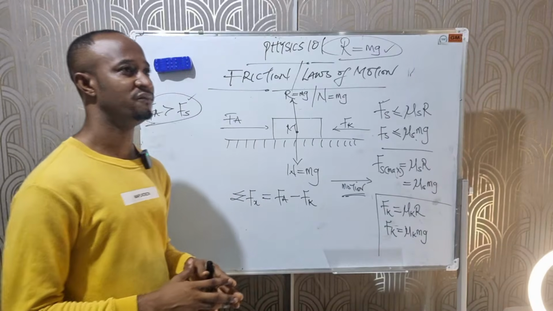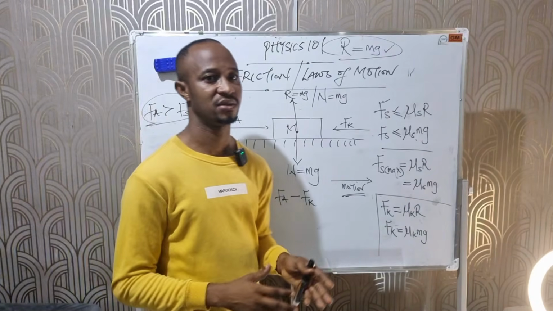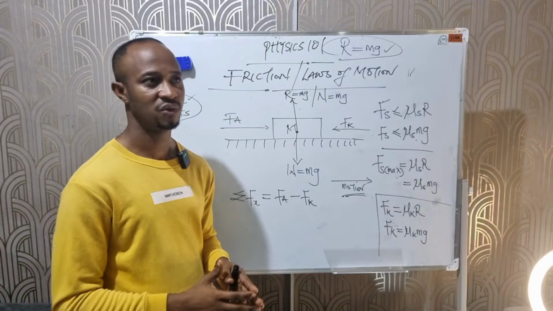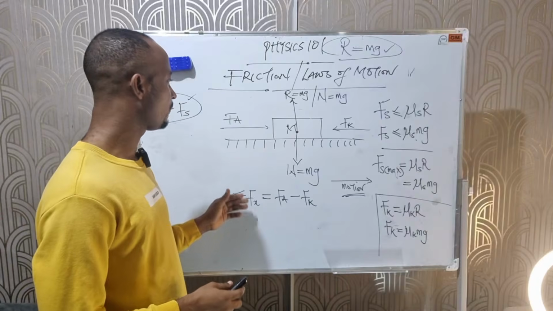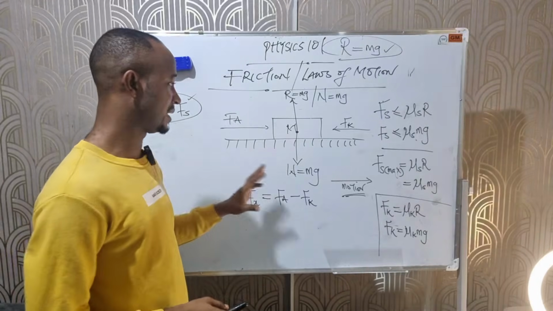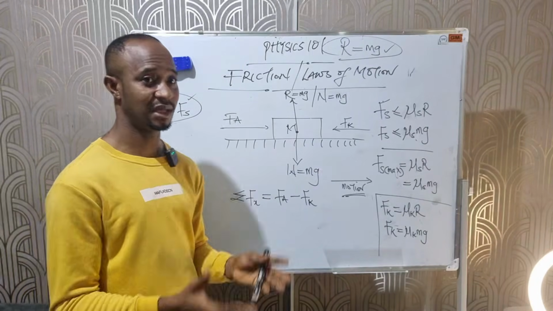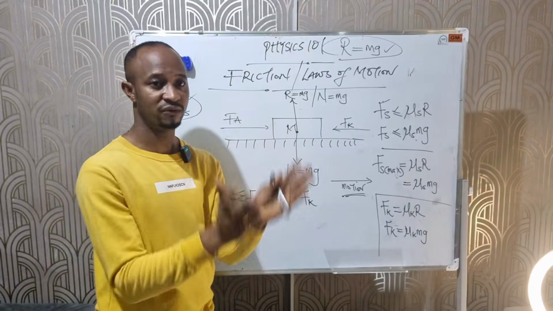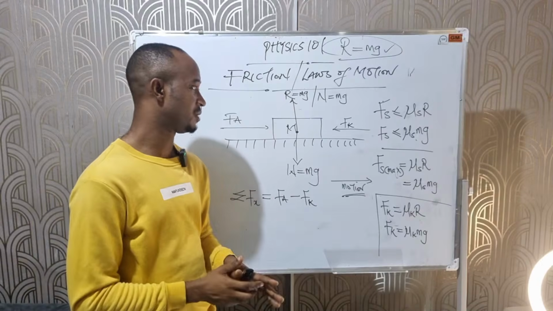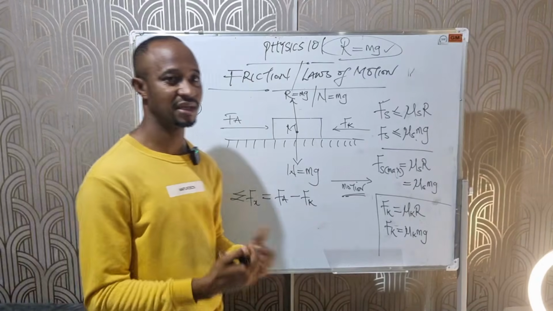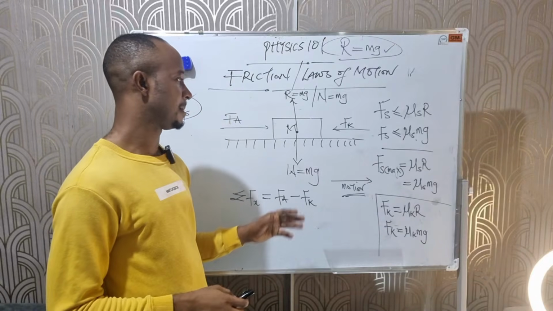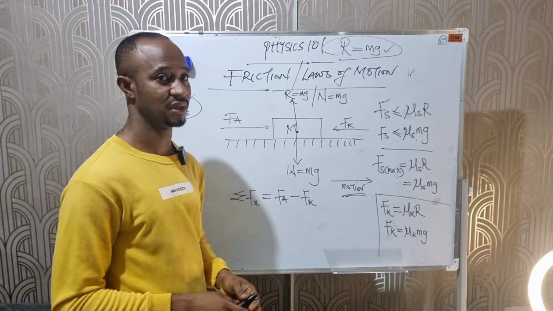Now, when two vectors are acting in the same direction, that means that the angle formed between them is 0 degrees. So from there we can determine their resultant, which is equal to the sum of the two vectors. But when two vectors are acting in different directions, it means the angle formed between them is simply 180 degrees.